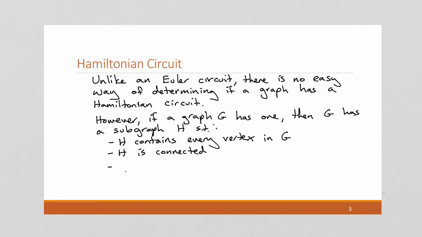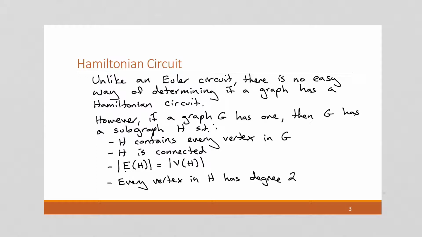The number of edges and the number of vertices are the same, so the size of the edge set of H equals the size of the vertex set of H. And finally, every vertex in H has degree 2. So we can enter a vertex and then leave, and since we're never going to come back and touch that vertex again, that's all we need. We need exactly 2.